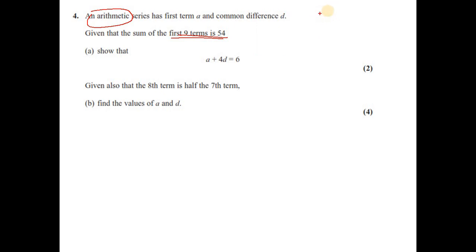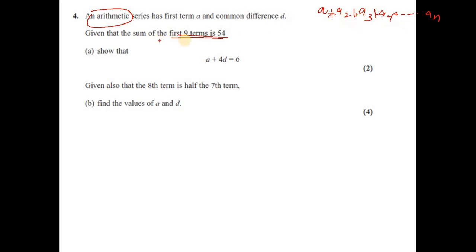In an arithmetic sequence, you have a first term A, and then second term A2, A3, A4, and so on, and you have the nth term at the end. So arithmetic sequence or arithmetic series is, you can add all these numbers or these terms to get a series. So this is the definition of series basically.